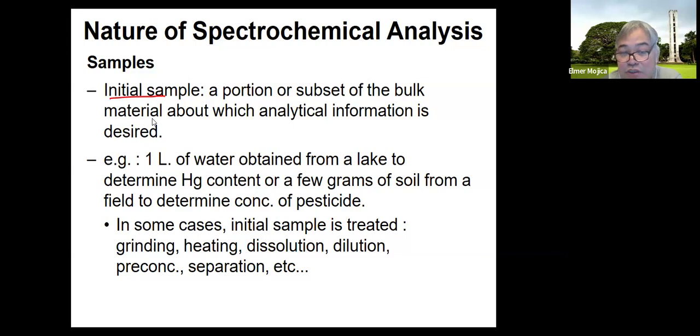That's your initial sample acquired from a field, which is your bulk material, in order to determine the concentration of a pesticide. Now, in some cases, your initial sample is what? Treated in the form of grounding, heating, dissolution, dilution, pre-concentration, or separation. So that is your initial sample.